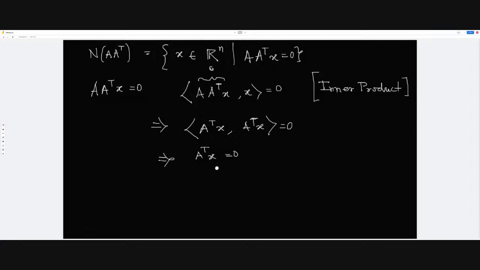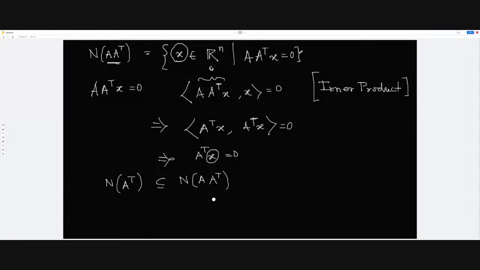We already know that if A transpose X is 0, then A into A transpose X has to be 0. So the one-way containment was always there: the null space of A transpose is always contained as a subspace of the null space of A A transpose. But here what we have done is, if we take any vector from the null space of A A transpose, it belongs to the null space of A transpose itself.